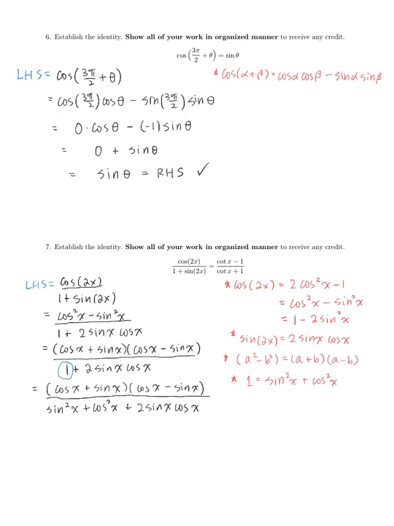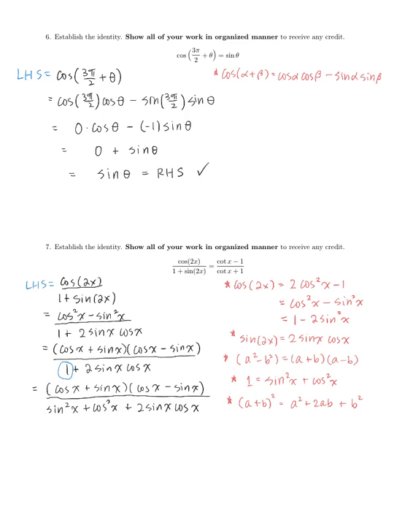Alright, so now let's take a look. Aha, I see something. Note that if you have a plus b whole quantity squared, that's the same thing as a squared plus 2ab plus b squared. Do you see where I'm going with this?